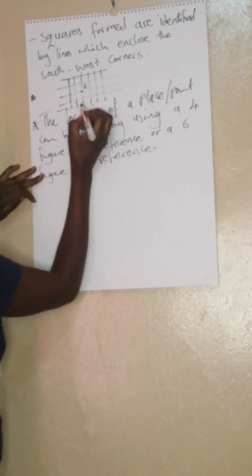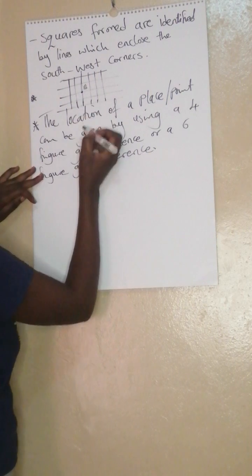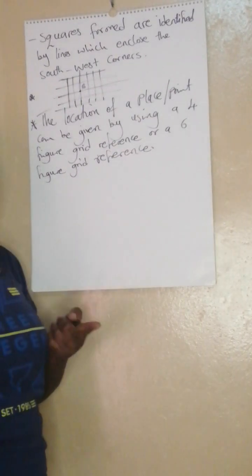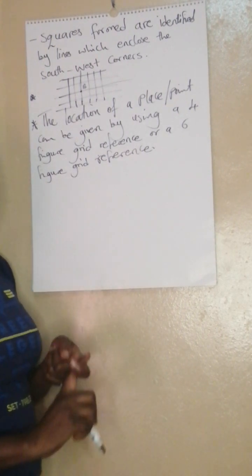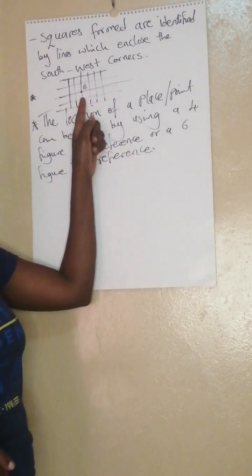The vertical line and the horizontal line meet, and where they meet, that's where I identify the location of point B.